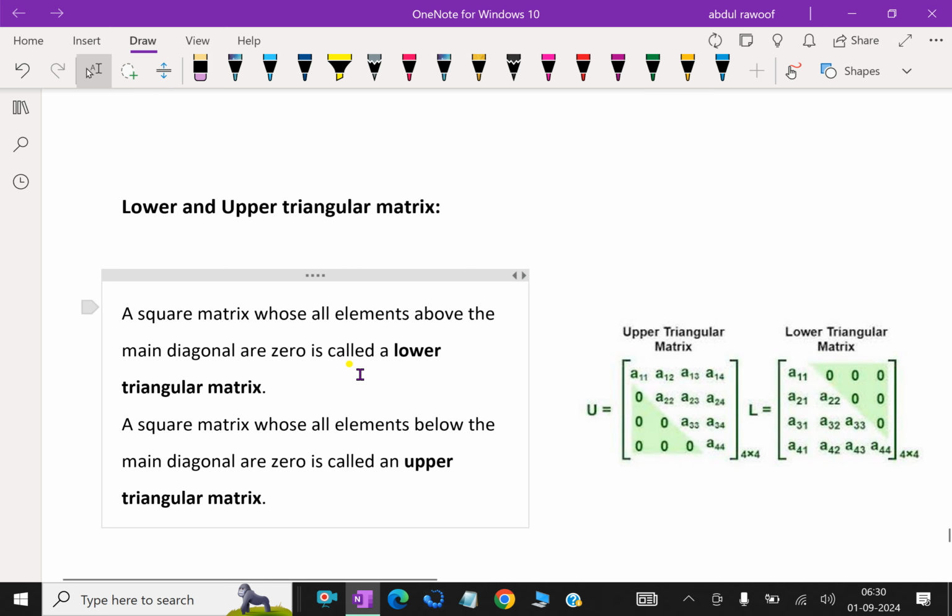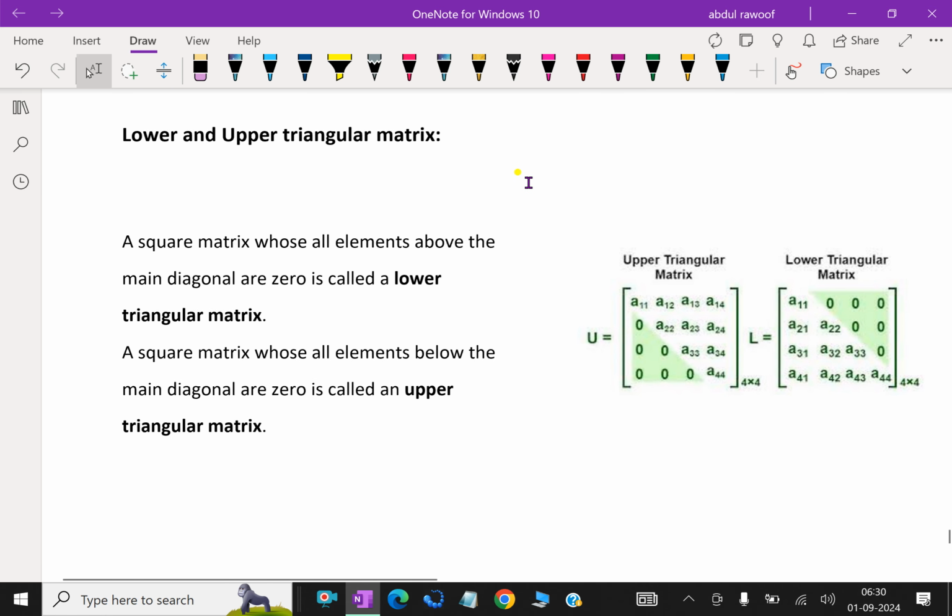Next one, lower and upper triangular matrix. A square matrix whose elements above the main diagonal are all 0 is called a lower triangular matrix. Look at here. Here, the elements below the main diagonal are non-zero and above the diagonal are 0. It's called a lower triangular matrix. A square matrix whose elements below the main diagonal are all 0 is called an upper triangular matrix.